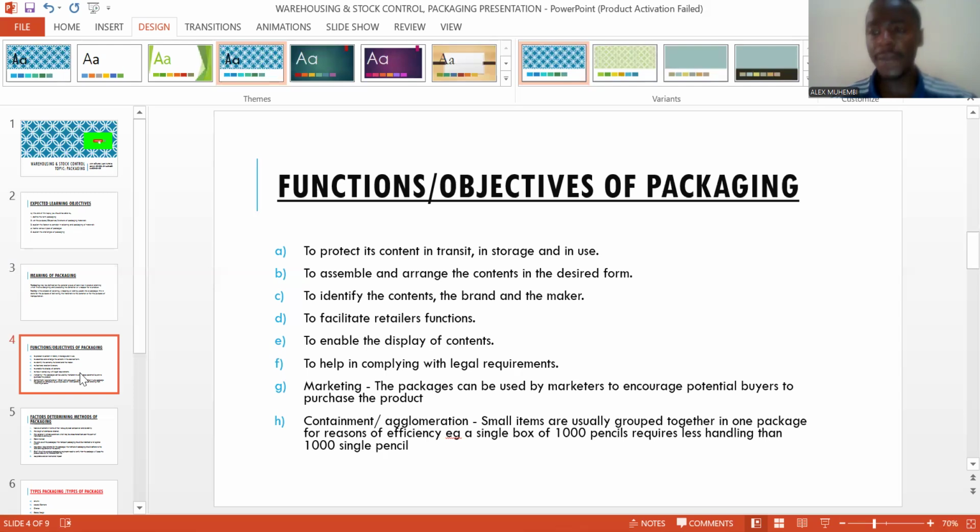Another function or another objective of packaging is to help in complying with the legal requirements. So we are trying to comply. We are trying to be in hand with the law. Yes, so with the legal requirements. Again, another function is marketing. Here we are saying that the packages can be used by marketers to encourage potential buyers to purchase the product.